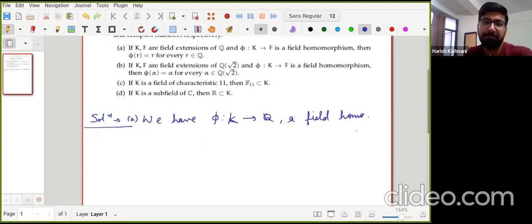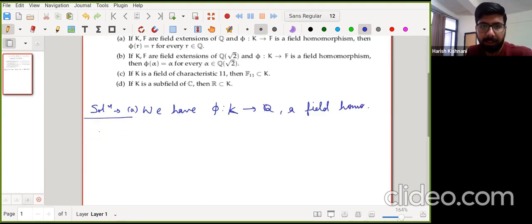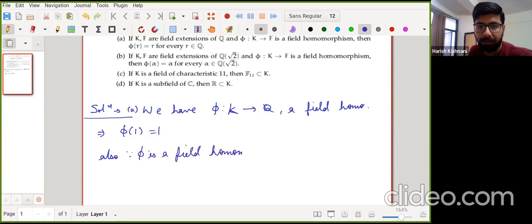This implies that phi of 1 should be equal to 1, because a field homomorphism always fixes the multiplicative identity and the additive identity as well. So phi of 1 is equal to 1, and here we can also write phi of 0 is equal to 0. There is no issue with that.